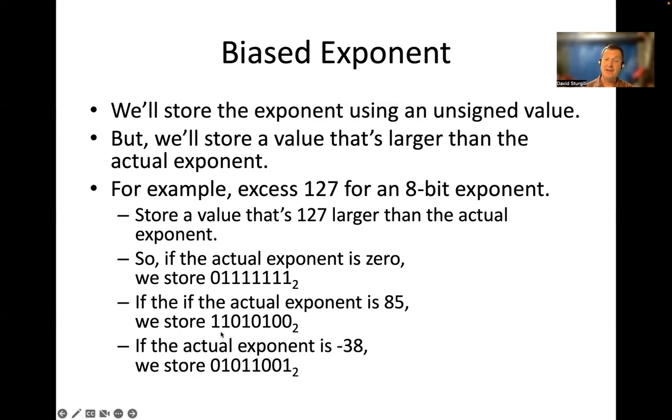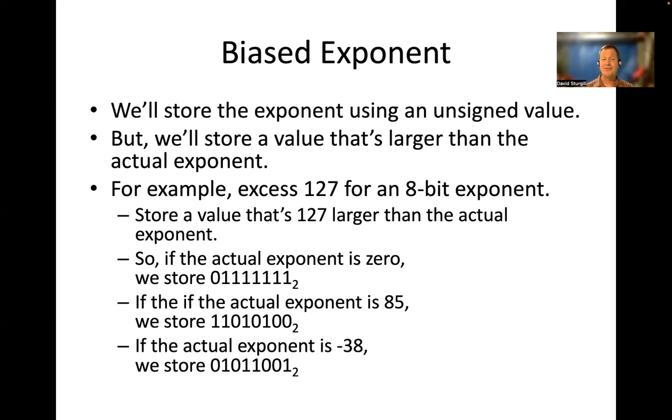And in binary, that would look like that. Here, just remember, we're storing positive or non-negative numbers. So all 8 bits are magnitude bits. That top bit isn't a sign bit. It's just one more magnitude bit. I'm storing this as an unsigned number, but that's because I took whatever my exponent was and I added a big number to it. I added 127 to it and stored that.